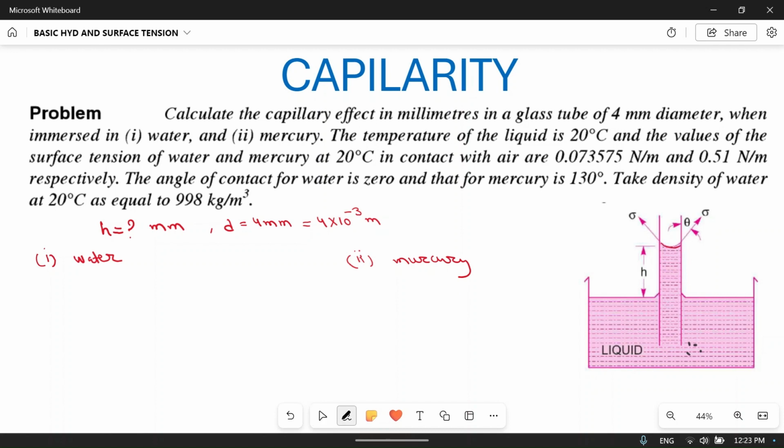So this is the level of the liquid, and above this liquid level is air. So the surface tensions in contact with air are 0.073575 for water, and for mercury it is 0.51.